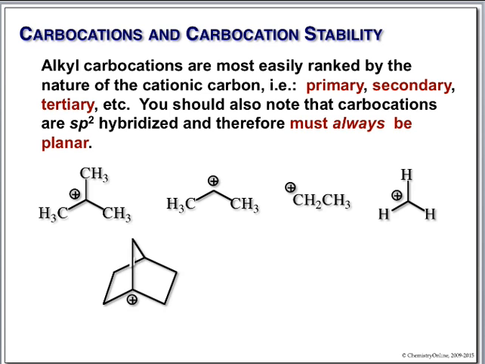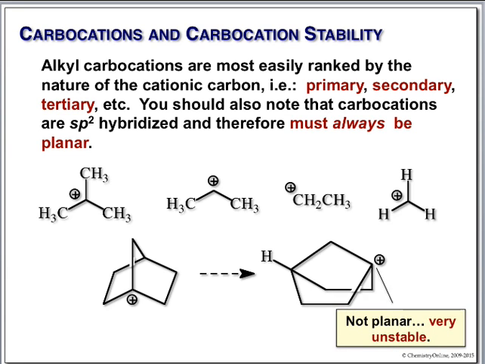Simple example. We saw this compound, our bicyclic compound. If I made a carbocation here, you might look at that and say, tertiary carbon, that's not so bad. But remember, this is a boat cyclohexane, isn't it? So think about its real geometry. Here's our boat. This is not planar, and this is a very, very unstable carbocation.